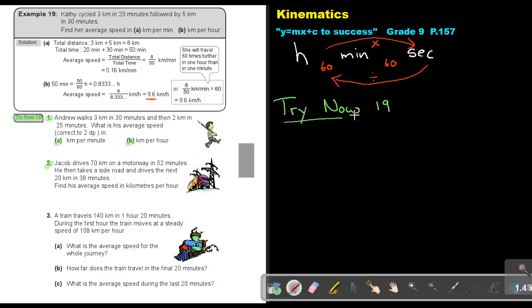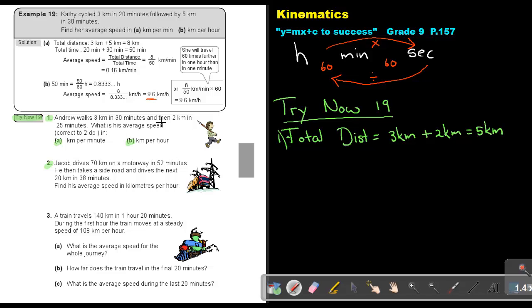Try Now 19. I'm going to start with number 1. Andrew walks 3 kilometers in 30 minutes and then 2 kilometers in 25 minutes. What is his average speed? So let's first find his total distance. That will be the 3 kilometers plus the 2 kilometers, and that will be 5 kilometers.